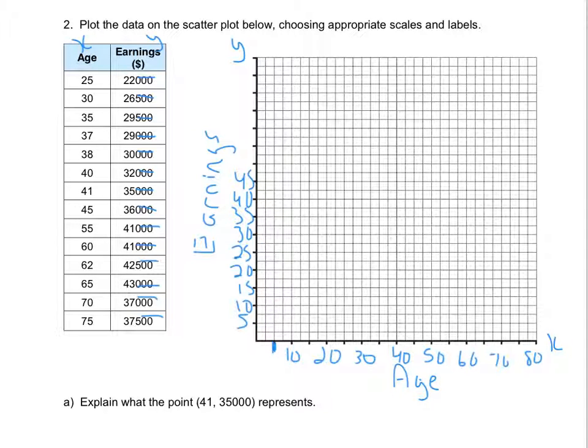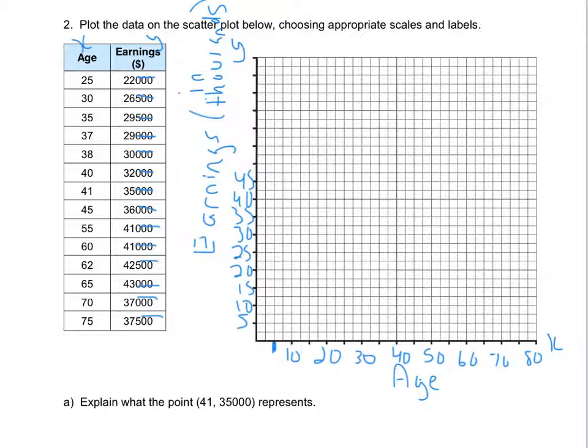So back where it said earnings, I'm going to write earnings in thousands. So that's one way of doing it, or you could have written 5,000, 10,000, 15,000, 20,000, 25,000, and so on.